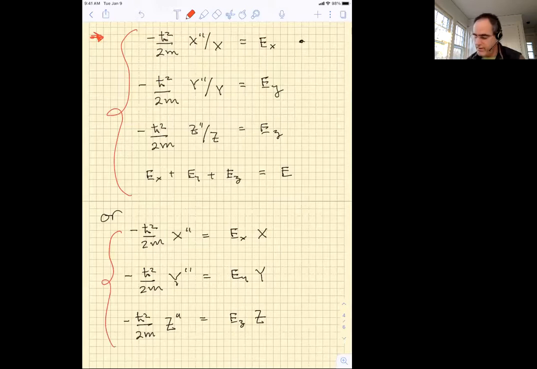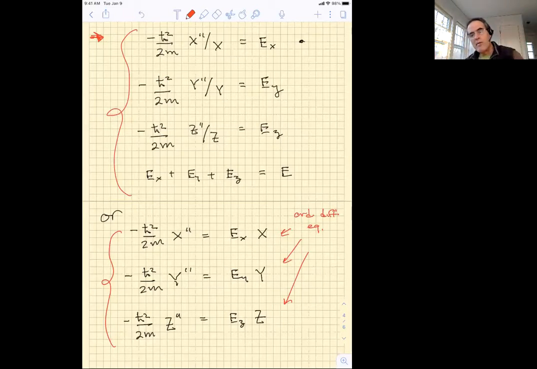Okay, so now we have 3 ordinary differential equations. Each of which is much, much easier to solve than our original problem, okay?